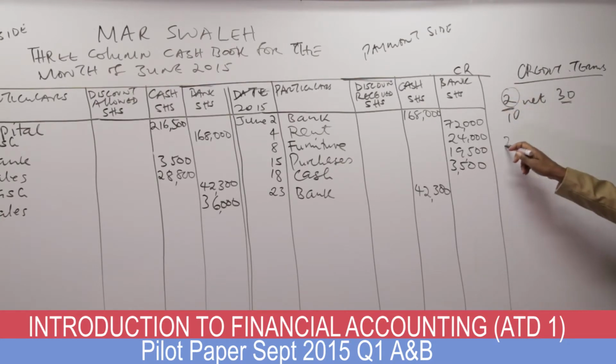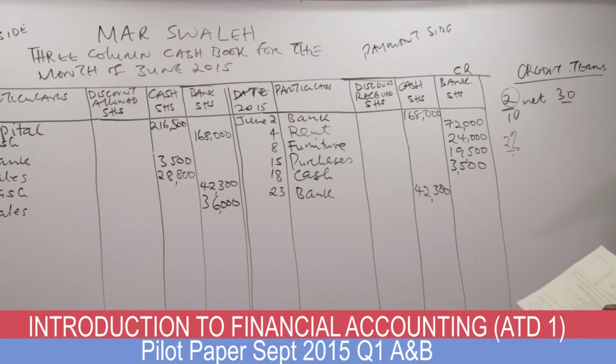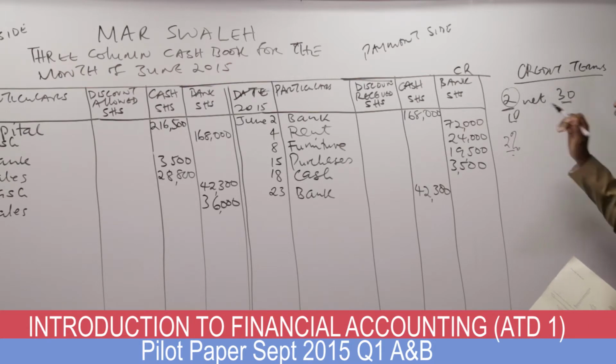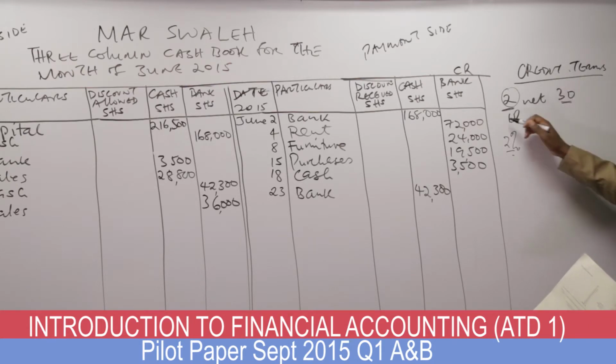He was given 2% discount, but on condition that he makes the payment in 10 days. Otherwise, he should pay the money in 30 days without the discount. So he will only enjoy the discount if the payment is made in 10 days. This is the interpretation of these credit terms.